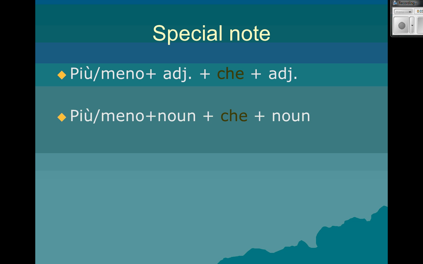Special note, check this out. If you want to say more than or less than, we know you say più adjective di. Take a look at this. Look at this example. Marco è più sportivo che pigro.